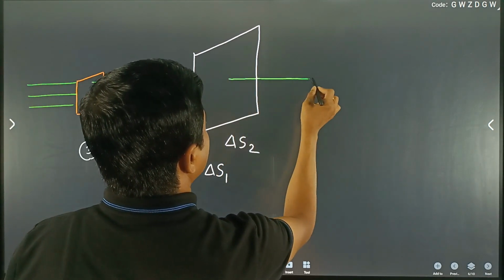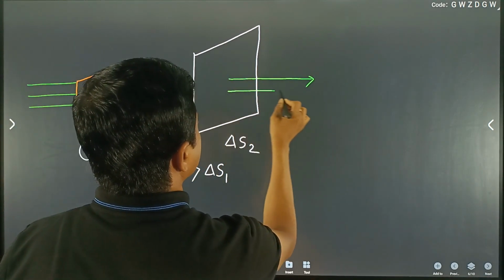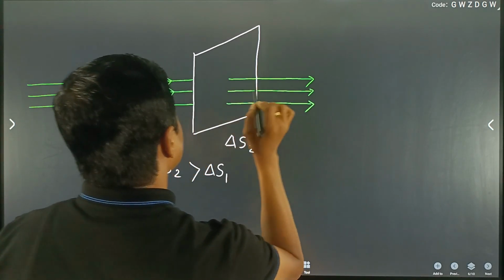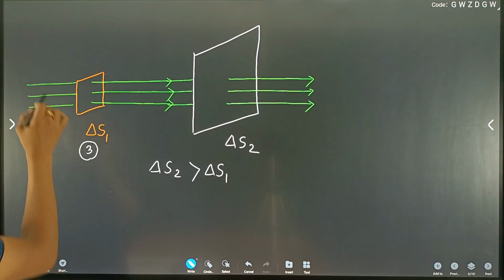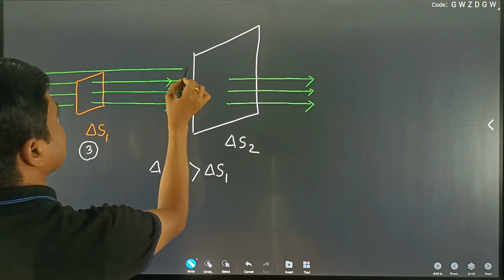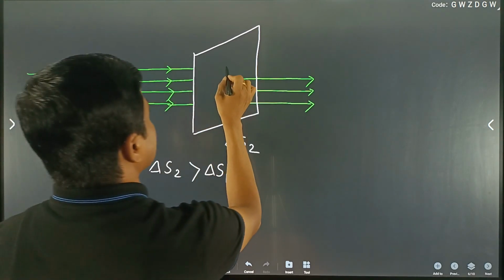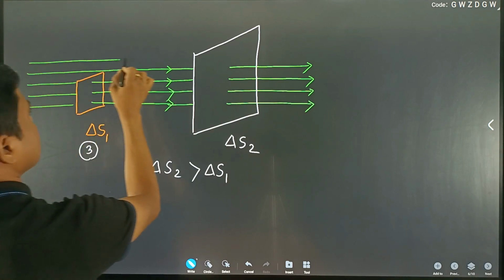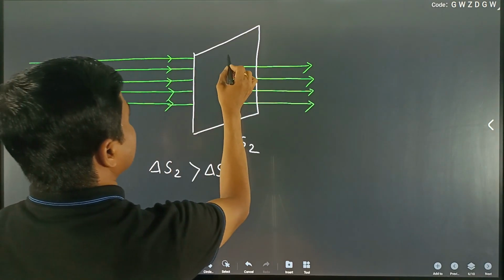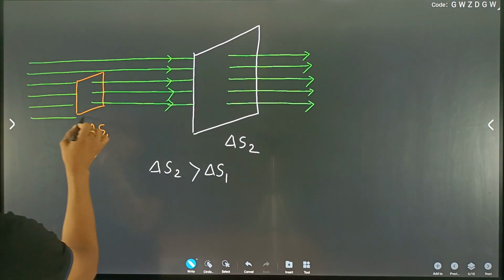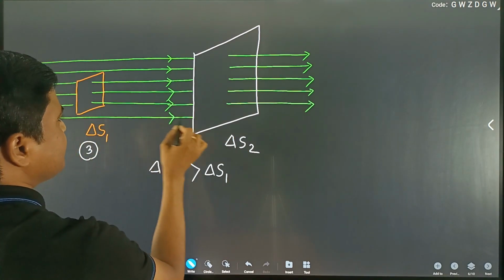And all the electric field lines are passing through the small area element. Clear? And again here suppose we draw another electric field lines. And all the electric field lines are parallel to each other in this case. That means field is uniform.